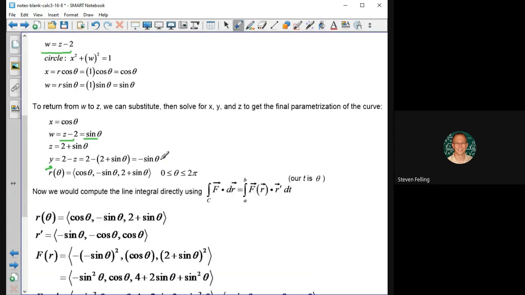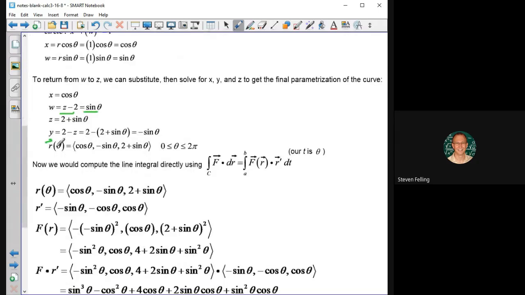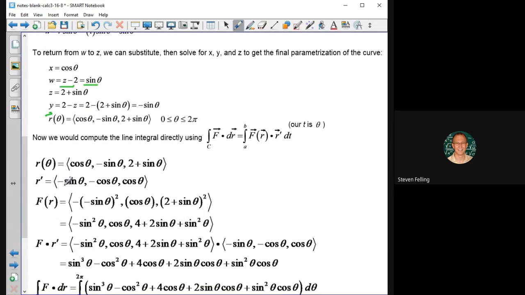So that's my r vector, but we then have to take the derivative of that to get the tangent vector. It's like rt, but it's r of theta in this case. So you'd take the derivative to get r prime: the derivative of cosine is negative sine, of negative sine is negative cosine, and of 2 plus sine theta is cosine.